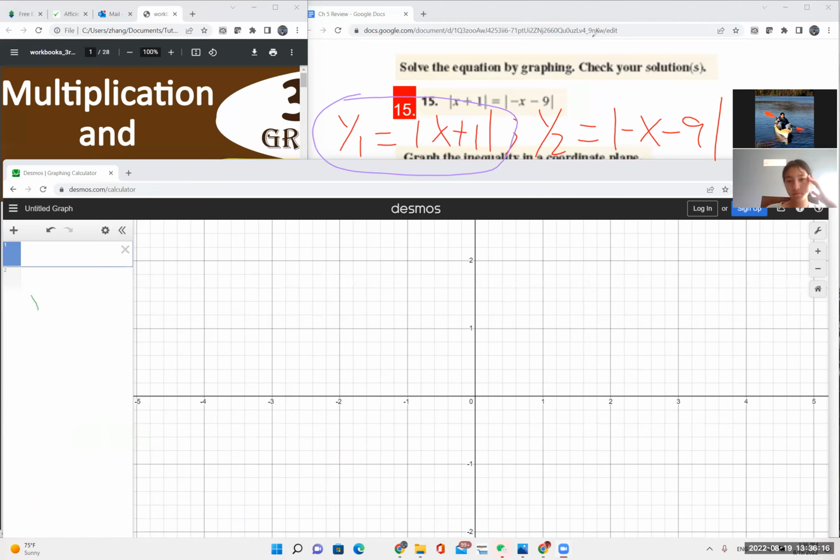Yeah, you forgot what I said just now. Where does the vertex happen? When this expression inside the absolute value symbol goes to 0. Yeah, then you solve it. Let this go to 0, then find the x.